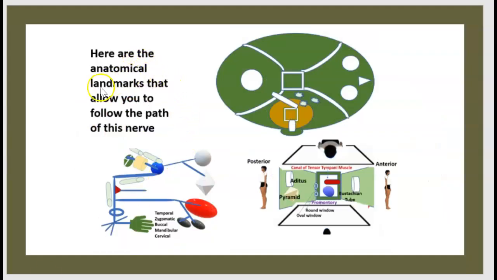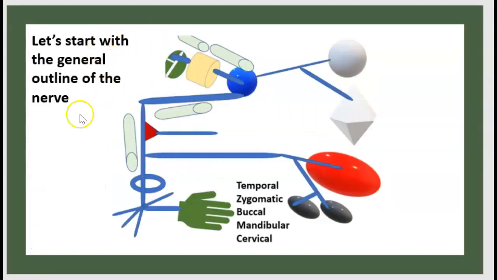Here are the anatomical landmarks that allow you to follow the path of this nerve. This is the general outline.